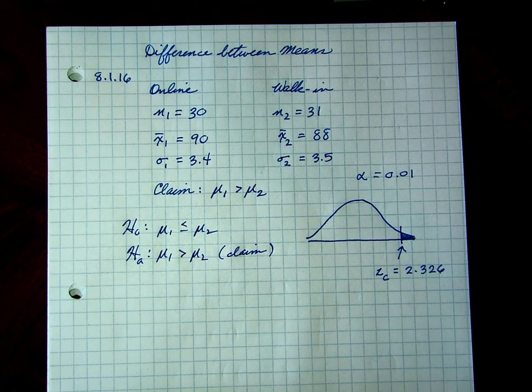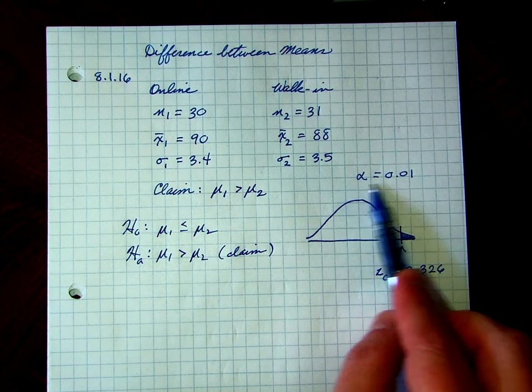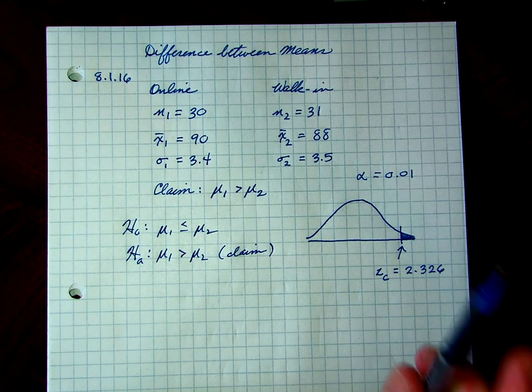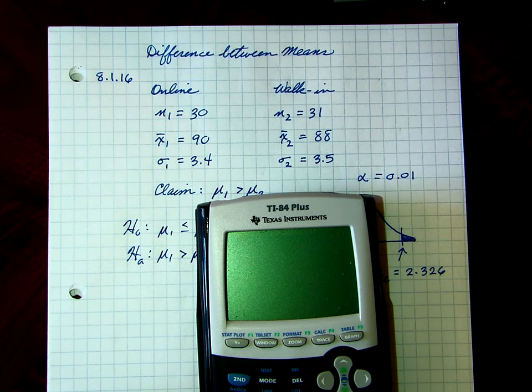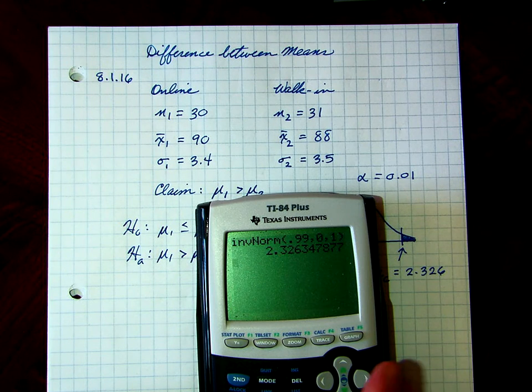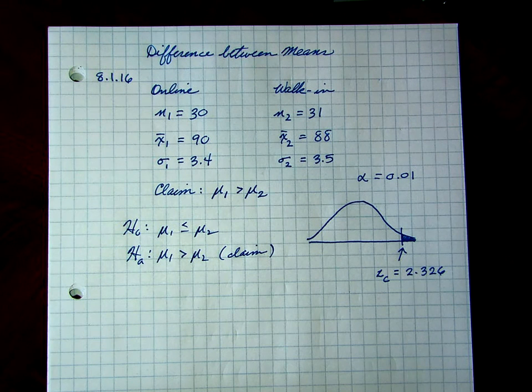All right. So let's proceed to check this at the 1% level. At the 1% level, if you go to our calculator and we check this, 99% below, 0 and 1 for our standard distribution, 2.326.